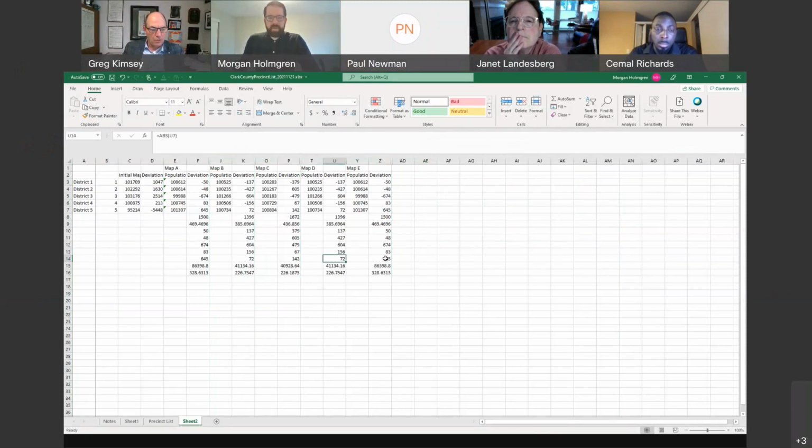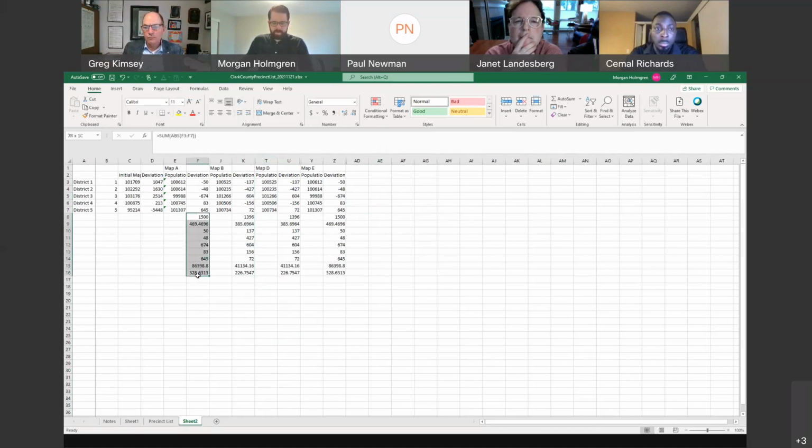So if I made changes, I didn't lose what was already in A and B. So D is B and E is A, because we're not talking about C. Oh, there you've got the initial map too. Looks like your column C is the initial. Yeah, I just didn't calculate the price. I can copy it in.